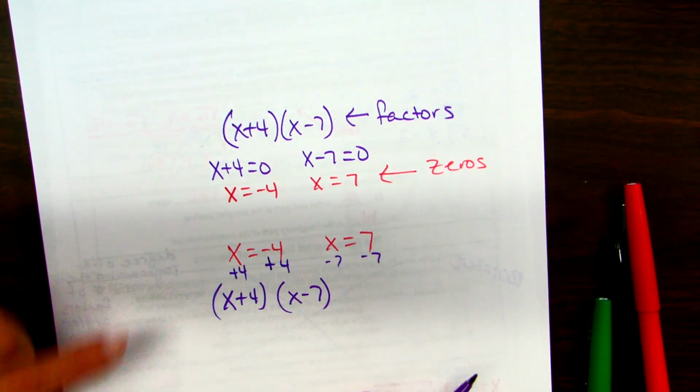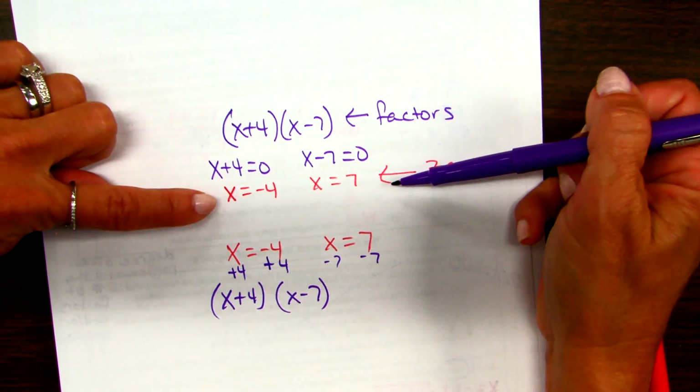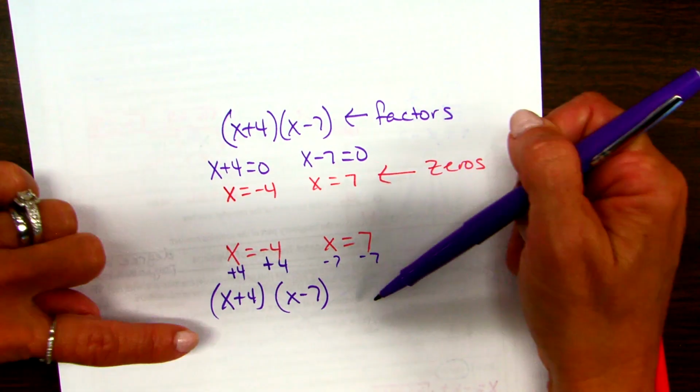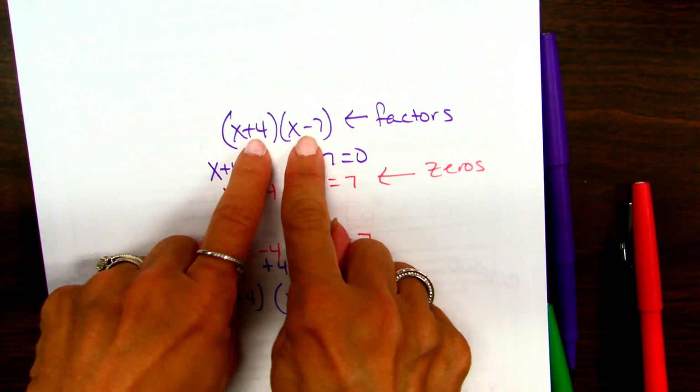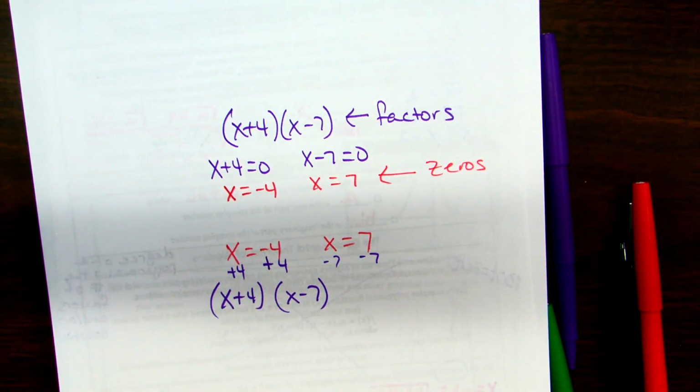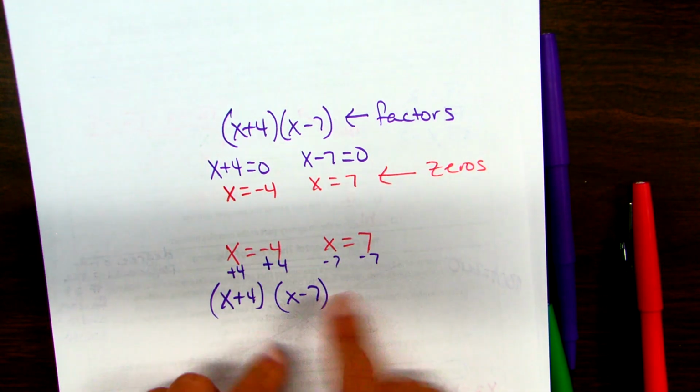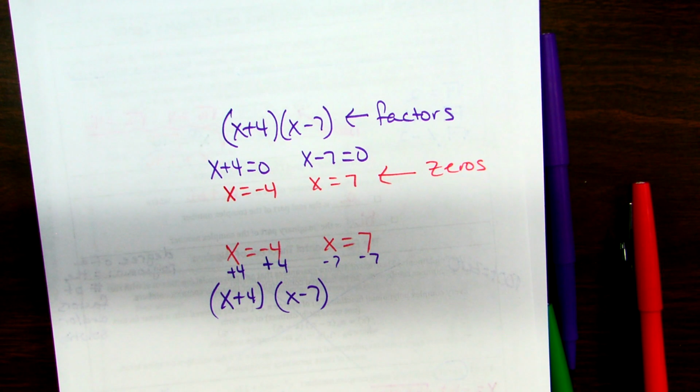So you can go from factors to zeros or zeros to factors. You're just moving. Guys, remember, if you just move things from one side of an equation to another, you're allowed to do that. To go from factors to zeros, we're moving everything to the other side, getting the x by itself. And if we're going from zeros to factors, we bring everybody back to one side together. Does that make sense, that concept?